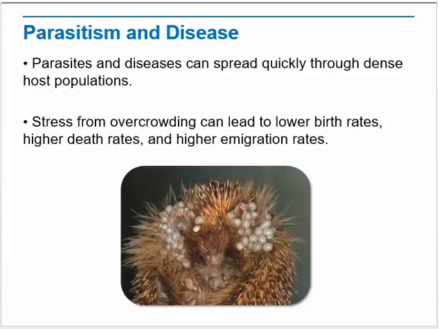So that would also contribute to lower birth rates, aside from just raising the death rate. And sometimes it'll cause individuals to emigrate or leave the population because they're looking for more resources, particularly space, since they're overcrowded.